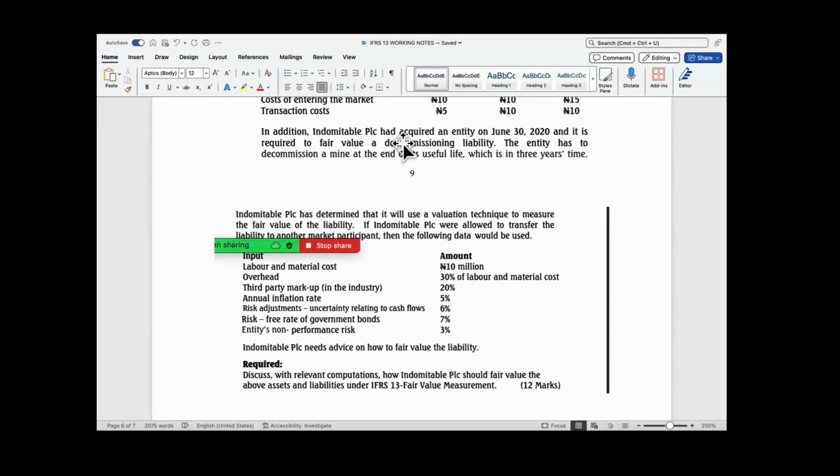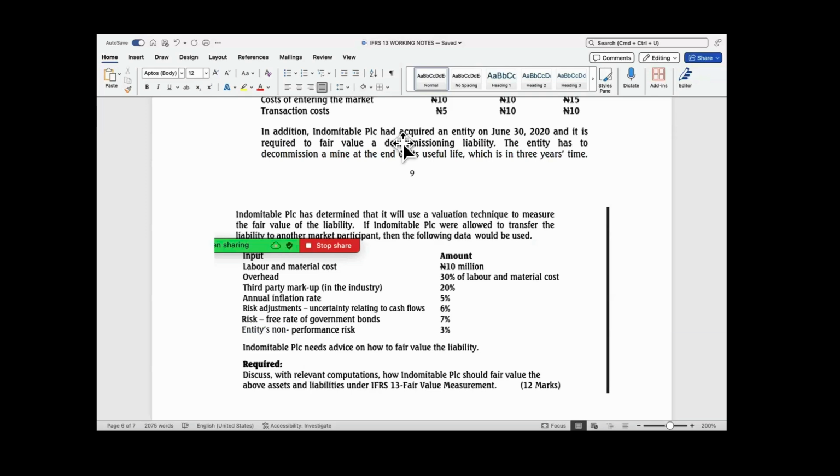So we call such cost decommissioning cost, and the corresponding liability is a decommissioning liability because it's a cost you will incur in the future. If you remember that very well, you will know that to determine the value of that decommissioning cost, we usually use present value.